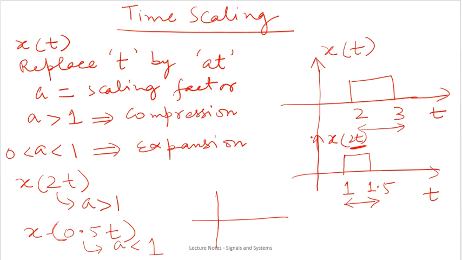So this 2 divided by 0.5 will mean that now the signal can be drawn from 4 to 6, so that the interval is expanded.